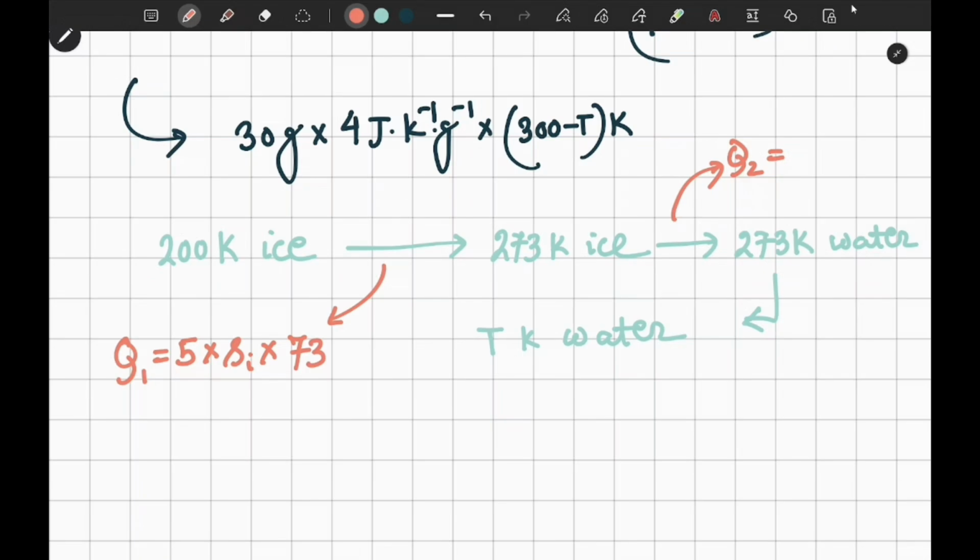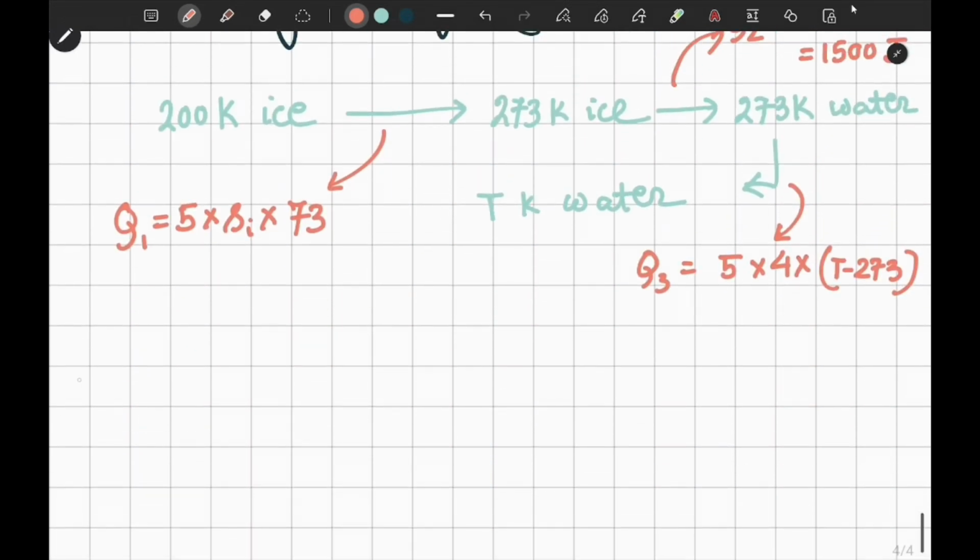Q2 is just the heat of fusion, which is given, that is 300 joule for 1 gram, and there are 5 gram. So it is 1500 joule. It's clear. And this step is Q3, and this will be our 5 gram of water. It is known that the heat capacity of liquid water is 4, and the temperature change is T minus 273.